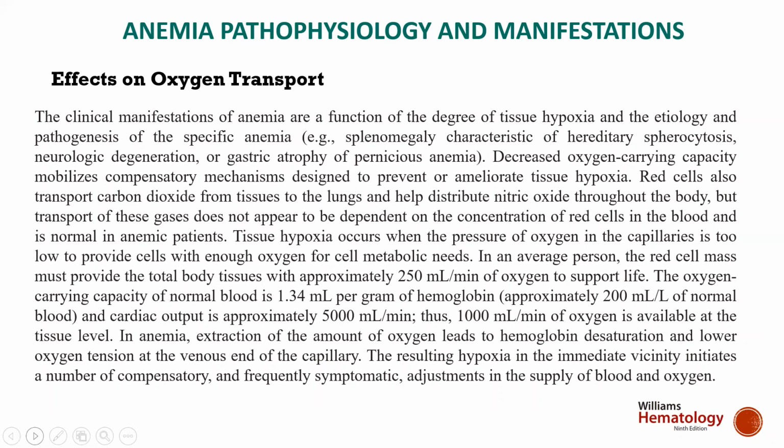The cardiac output is approximately 5,000 milliliters per minute, thus 1,000 milliliters per minute of oxygen is available at the tissue level. In anemia, extraction of the same amount of oxygen leads to lower hemoglobin saturation and lower oxygen tension at the venous end of the capillary. The resultant hypoxia initiates a number of compensatory and frequently symptomatic adjustments in the supply of blood and oxygen.